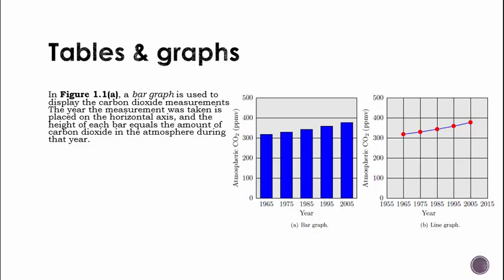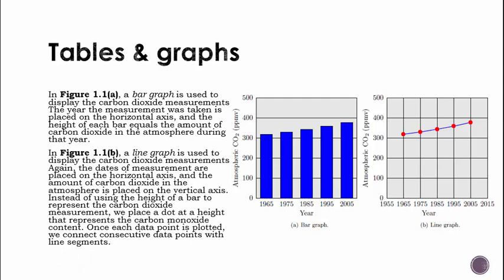Okay. Now in 1.1b, we're using a line graph. Okay, a line graph is used to display the carbon dioxide measurements. Again, the dates of measurement are placed on the horizontal axis, and the amount of carbon dioxide in the atmosphere is placed on the vertical axis. Instead of using the height of a bar to represent the carbon dioxide measurement, we place a dot at a height that represents the carbon dioxide content.